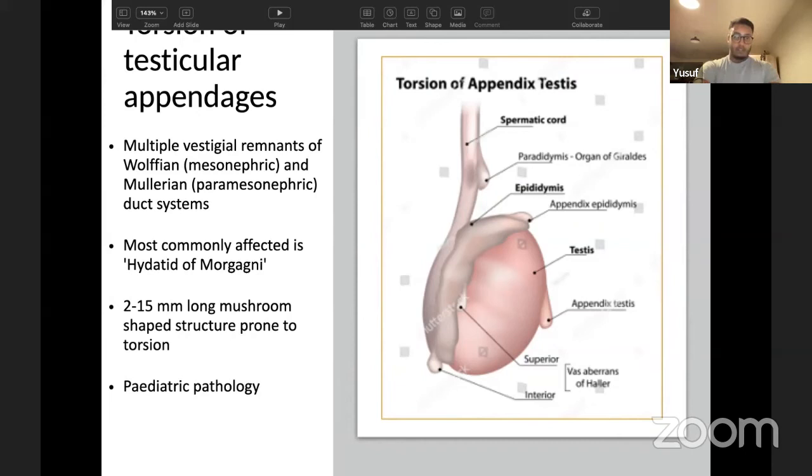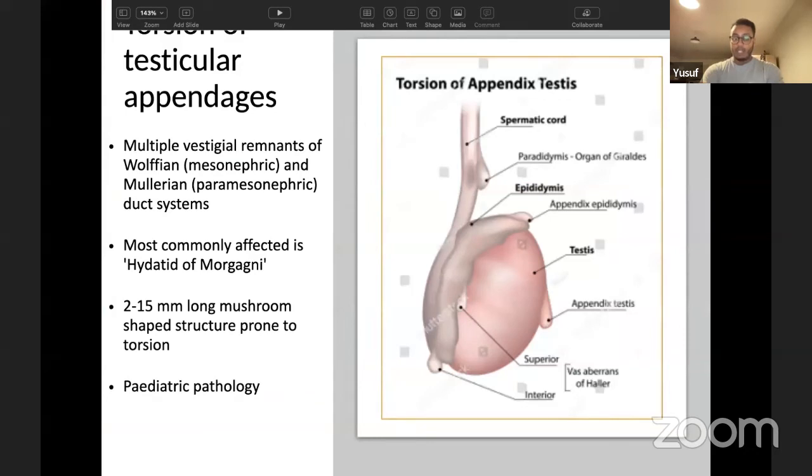So another thing to think about, and this is really only a pediatric issue, is torsion of testicular appendages. Okay, so during embryological development, there's multiple vestigial remnants of the Wolffian or the mesonephric and Müllerian, which are the paramesonephric duct systems, which essentially lead to the development of the reproductive and urinary tract systems.